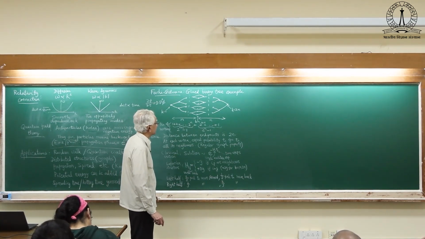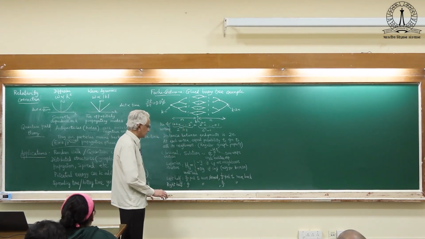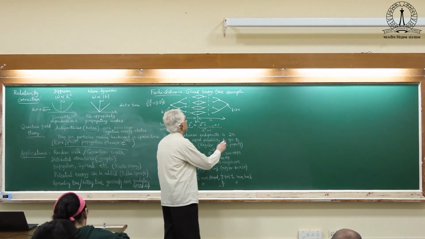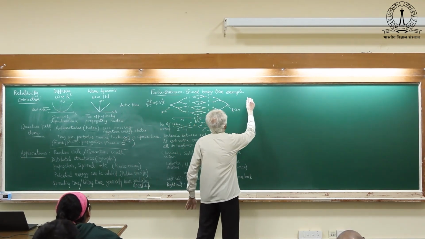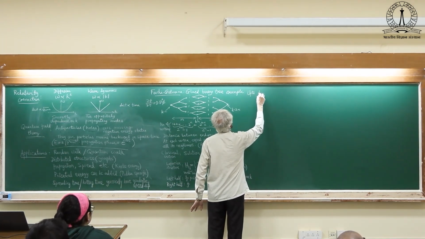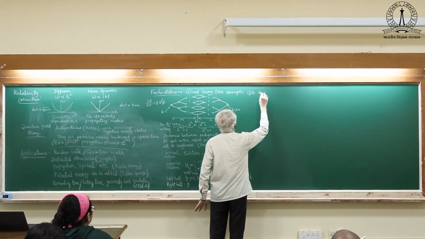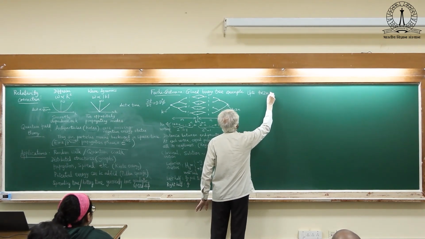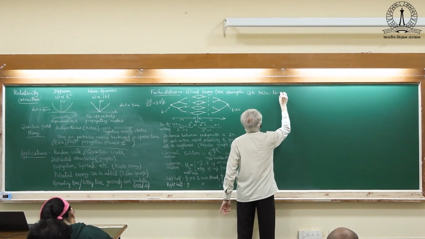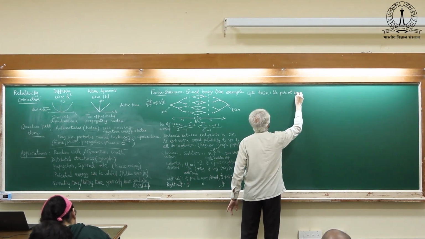Okay, so let me just do a simple-minded counting. Up to t less than 2n, no probability at target.